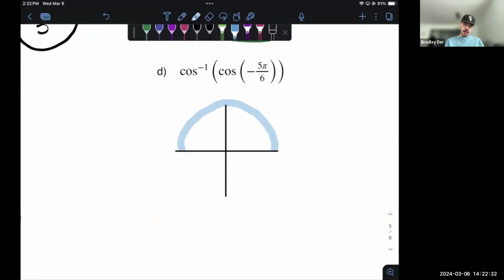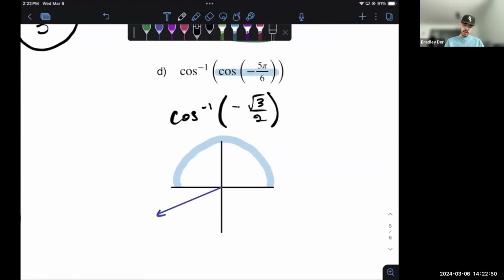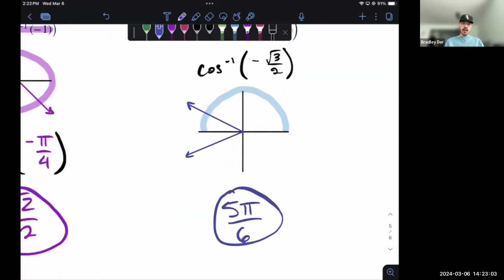And so when I look at the cosine value of negative 5 pi over 6, it should be about here, I'd be looking for inverse cosine of negative root 3 over 2. But within that range, that would end up being just 5 pi over 6. So final answer, 5 pi over 6.